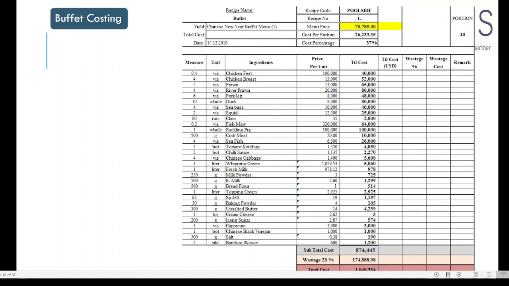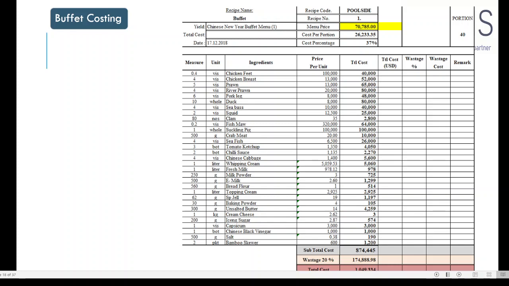So chefs normally make the buffet setup for a range of numbers of people. So it can be up to 20 people, what I will put. From 20 to 40 people, what I will put. From 40 to 60 people, what I'm going to put, right? So they have to do the costing for all three types, and then based on their market list. So they are not doing it here for individual recipe, individual item, right? They are doing it based on the menu. So they make a menu, and then they decide, okay, what would be my market list for this particular menu.